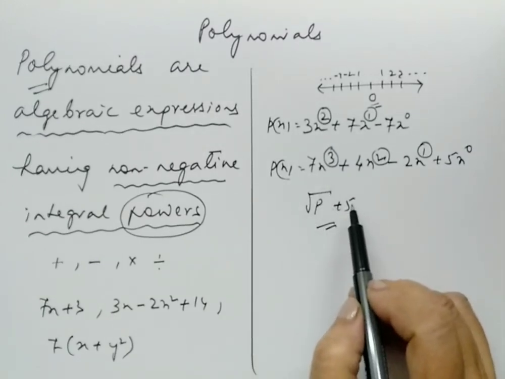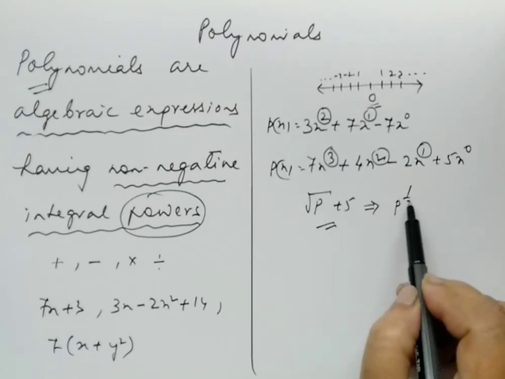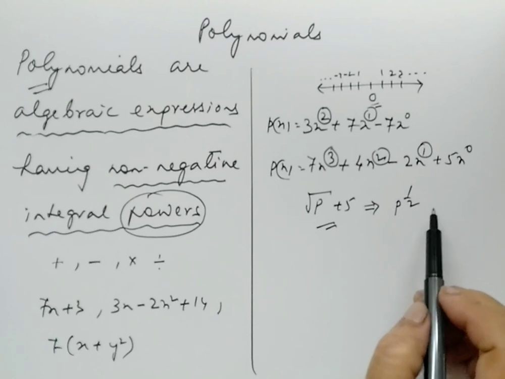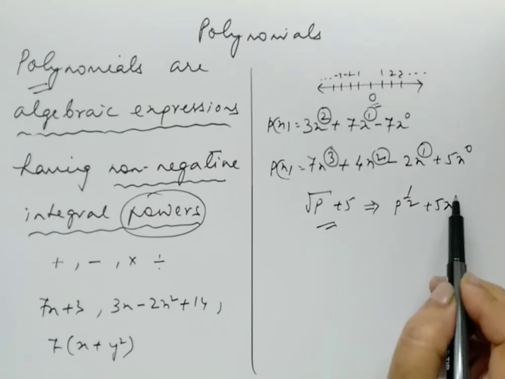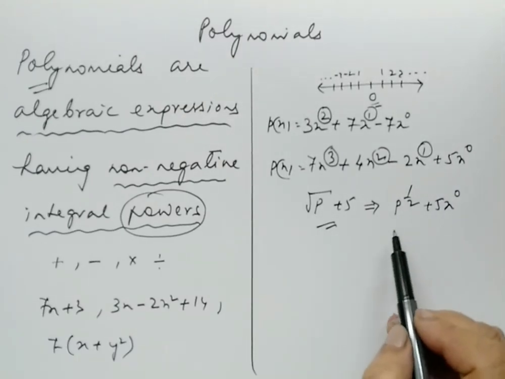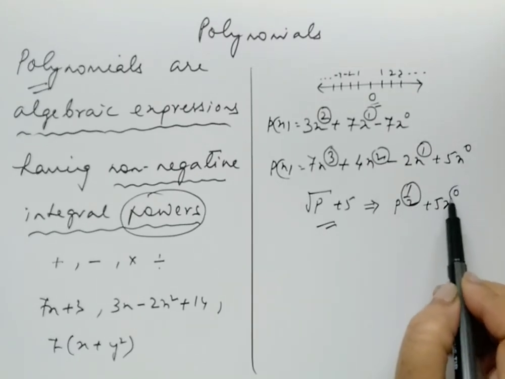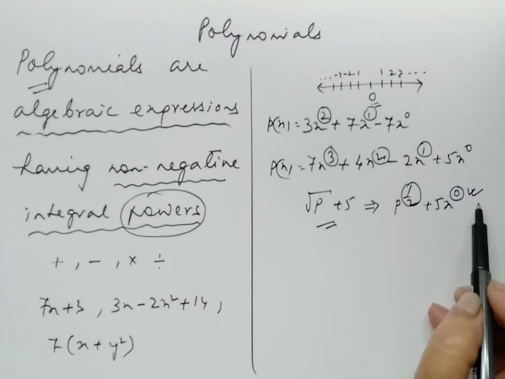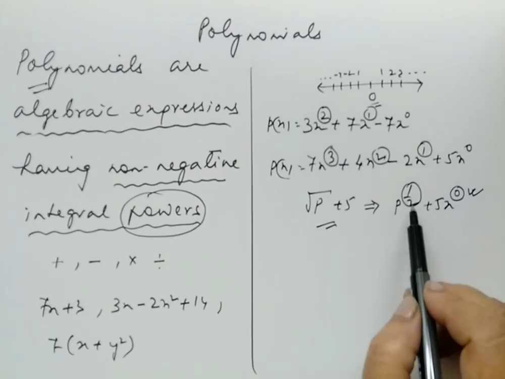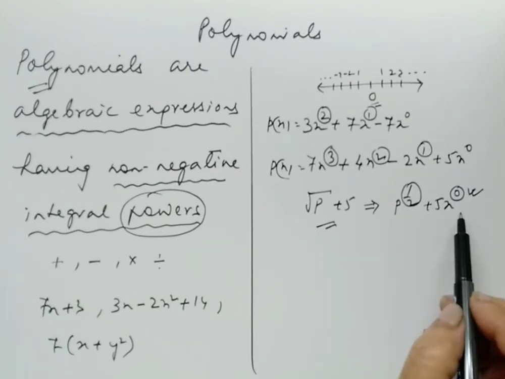If we were to expand this, we would write p to the power half, and 5 to the power 5 and x to the power 0. Here we have 1 upon 2 as a power. 0 is welcome, so 0 could be there, but we will not accept half or any fraction or any rational number in a polynomial. So this is not a polynomial.